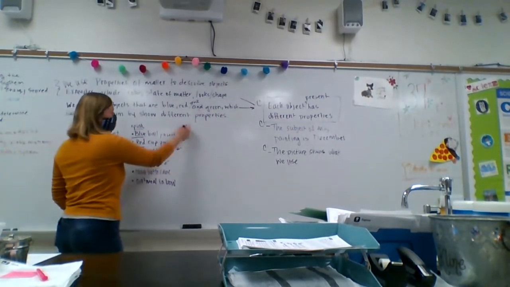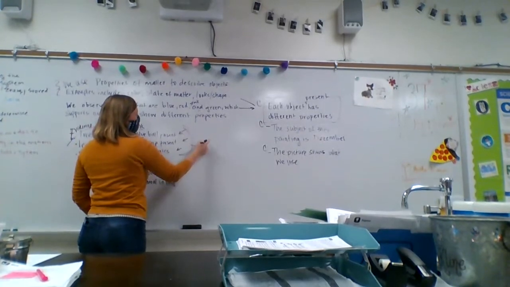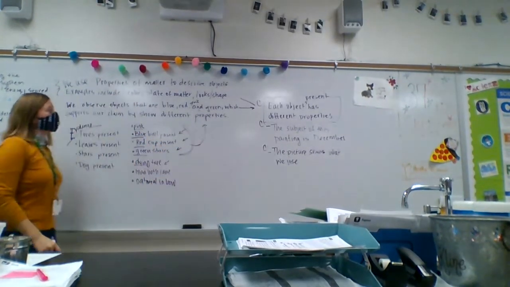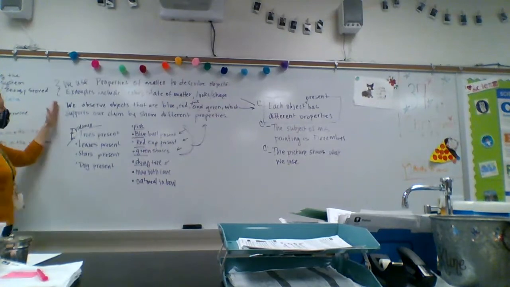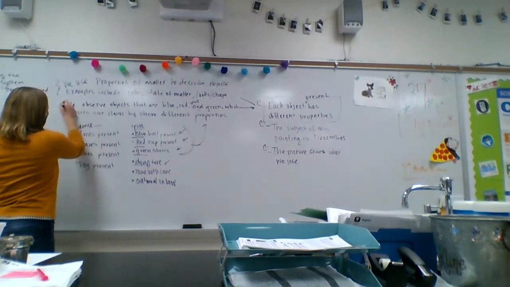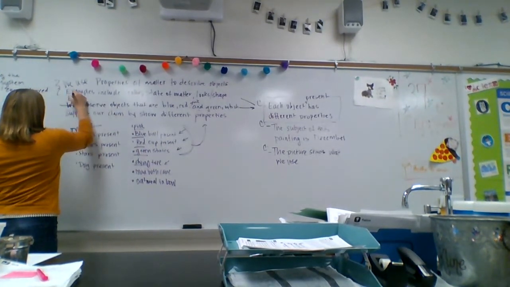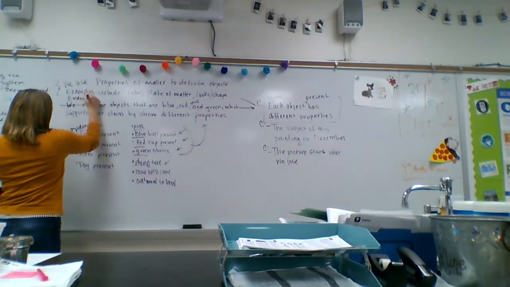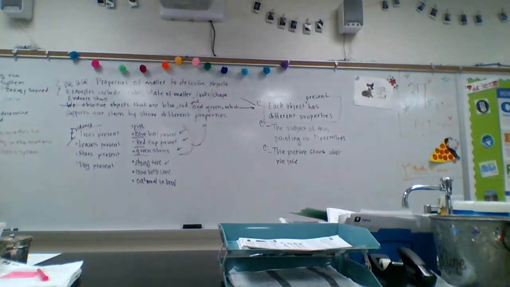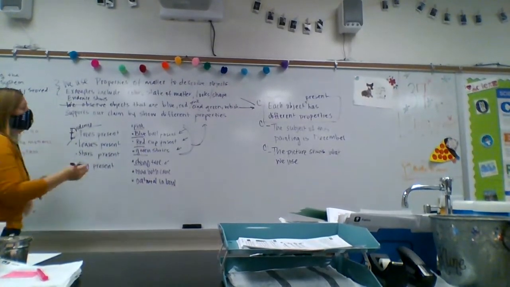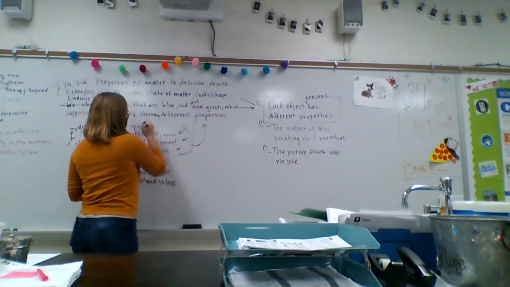So you're connecting your evidence here to your claim using reasoning. We use properties of matter to describe objects. Some examples are color, state of matter, the way something looks or its shape. So we observe, or our evidence shows, you can say that too. Evidence shows objects that are blue, red, pink, and green, which supports our claim by showing different properties. Helps if I can spell correctly.